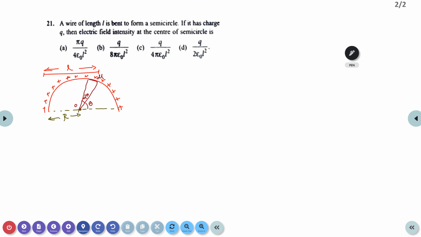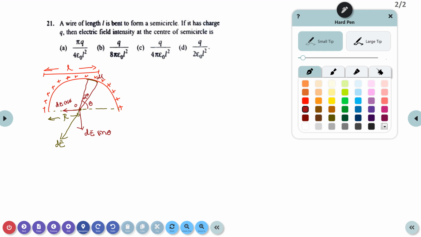It will produce an electric field because it is positive charge. dE is the electric field produced by this element. I will resolve it into two components: dE cos theta and another one dE sin theta.